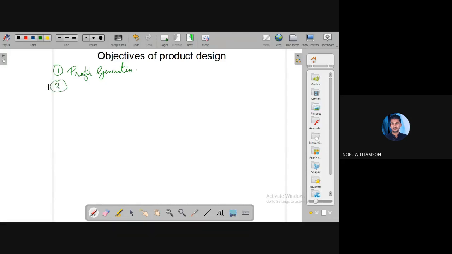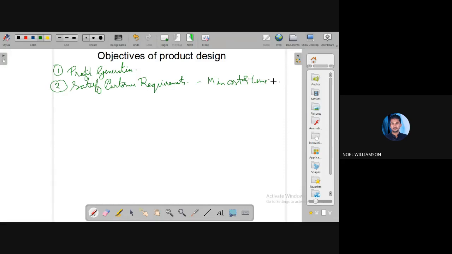Next one, satisfy the customer requirements. Satisfy the customer requirements and maximize the value of the customer at minimum cost and time.